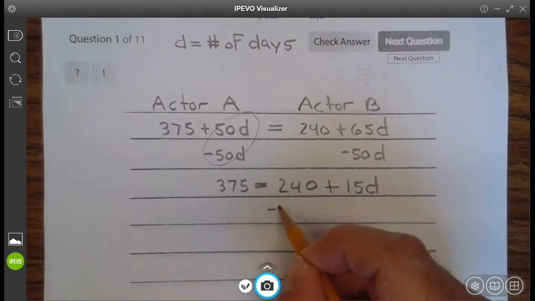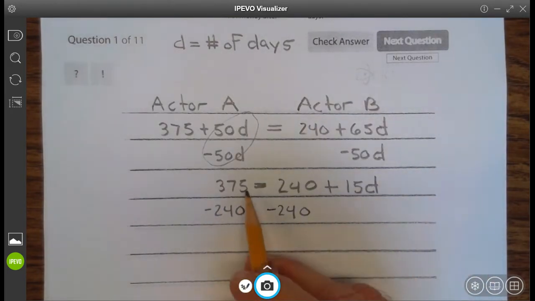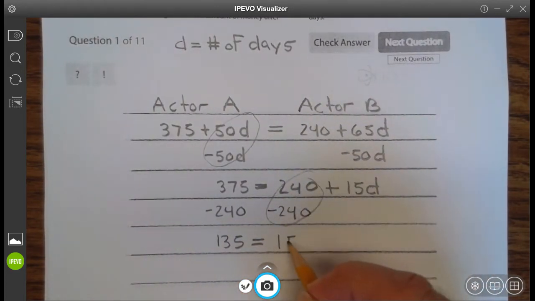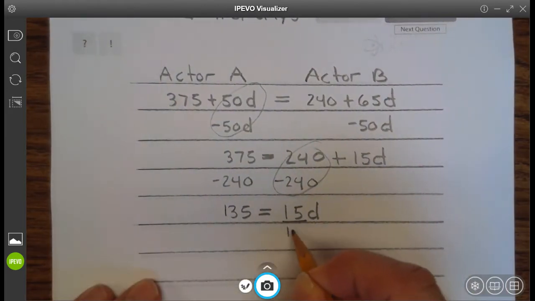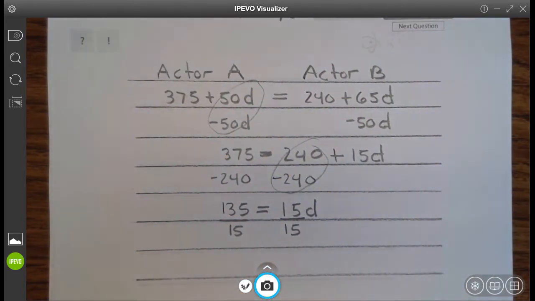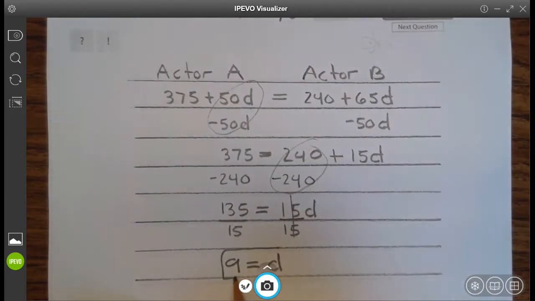Now we're going to subtract 240 from both sides. 375 minus 240 is 135. 240 minus 240 is 0. You get 15D. Divide both sides by 15. 135 divided by 15 is 9, and 15 divided by 15 is 1, so D equals 9.